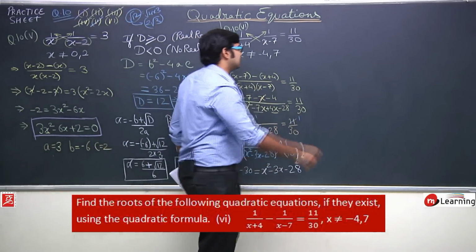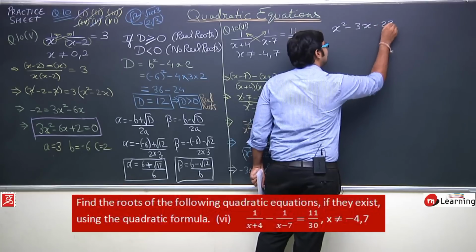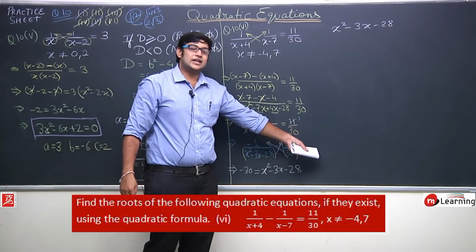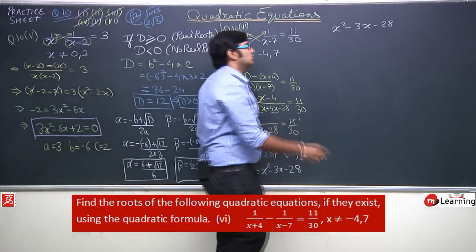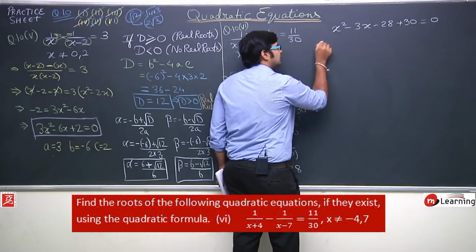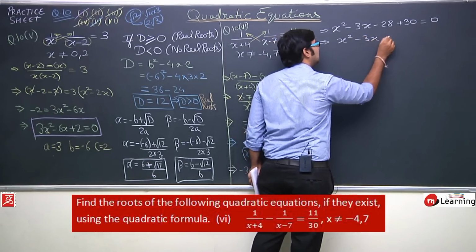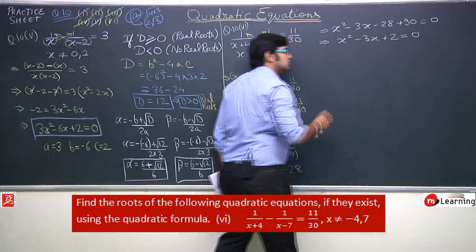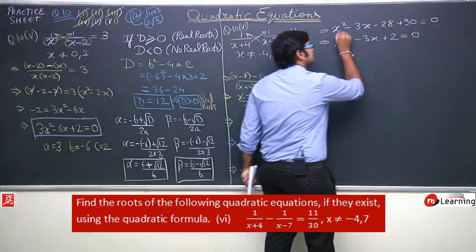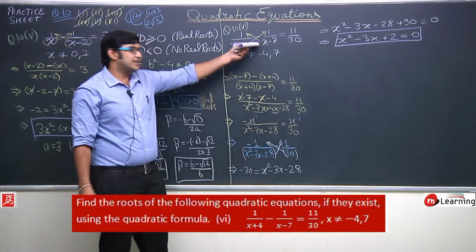Now further simplifying this, it will give you x square minus 3x minus 28, and this minus 30 will be shifted to RHS and it will become plus 30. So this will be plus 30 is equals to 0. Now further simplifying it, it will give you x square minus 3x plus 2 is equals to 0, and this will be the quadratic equation. This will be the required quadratic equation that is formed from this expression.